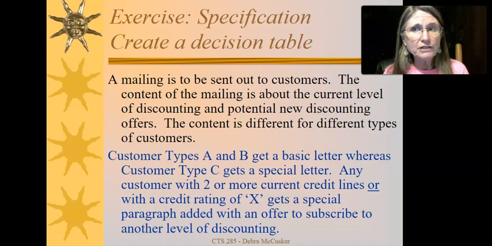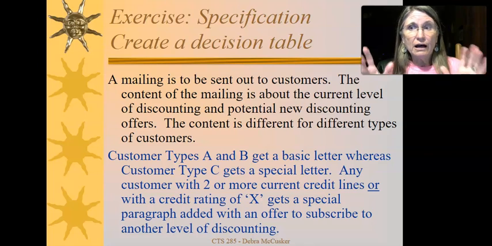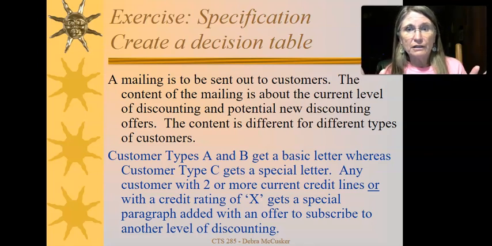And the content happens to be different for different types of customers. So we're just going to have fictional customers. So we got customer types A and customer types B. And they're going to get a basic letter. But customer type C is going to get a special letter.